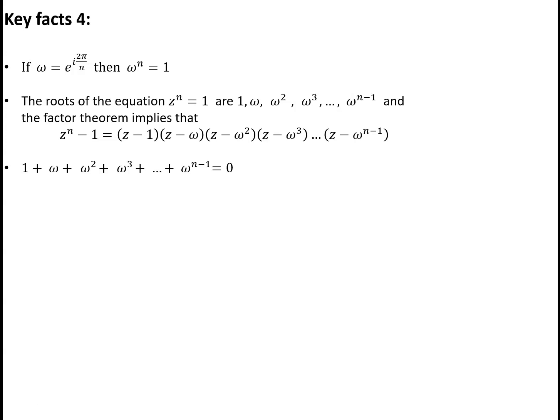And that tells me, or the factor theorem tells me, that a factorisation of z to the n minus 1 would be z minus 1 times z minus omega all the way along until a final factor of z minus omega to the n minus 1. And we have also shown that 1 plus omega all the way up to omega to the n minus 1 is equal to 0.